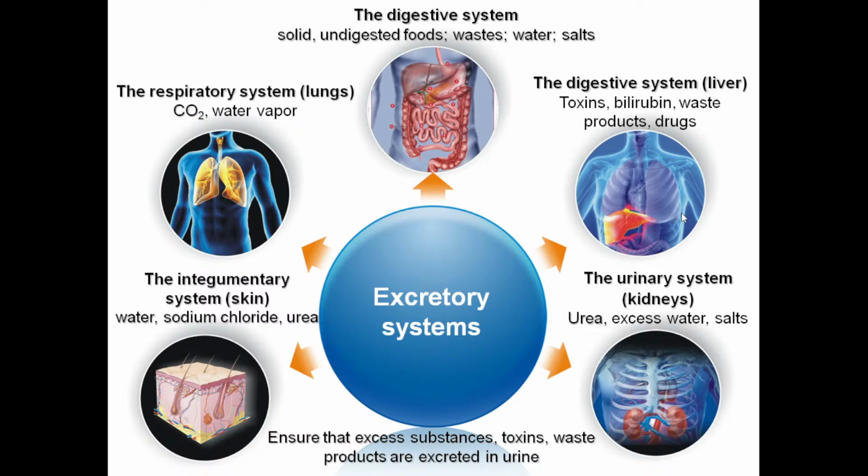And last but not least, the urinary system and kidneys. Urea is excreted by the kidney, as well as excess of water and salts. So kidneys ensure that excess of substances, toxins, and waste products are excreted in urine.